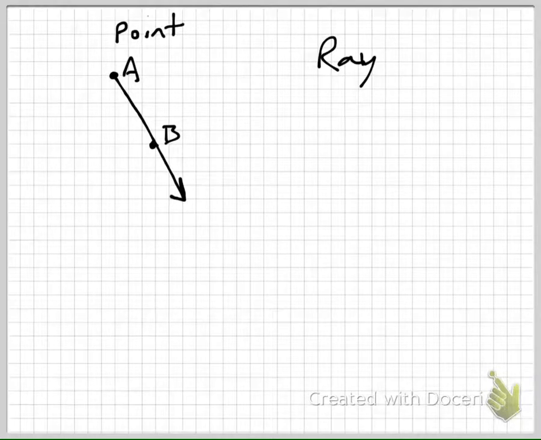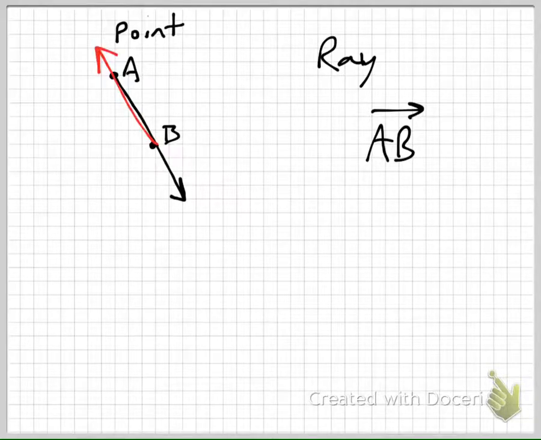This is ray AB, and you do draw it like that because it does go from A to B. We're starting at A. This is not ray BA. Ray BA is actually going that direction because the first letter in the ray is where it starts, and the second letter is what it's going through. Does that make sense? So this right here is ray AB.